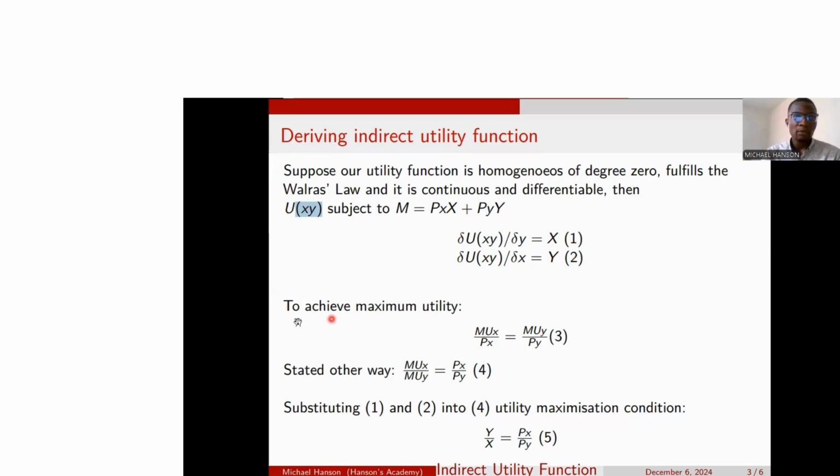Now we know the utility maximization condition, which suggests that for any two commodities, the marginal utility of commodity X with respect to the price of X should be equal to the marginal utility of Y over the price of Y. This is stated in another way in equation 4: the marginal utilities of commodities X and Y should be equal to the price ratios.